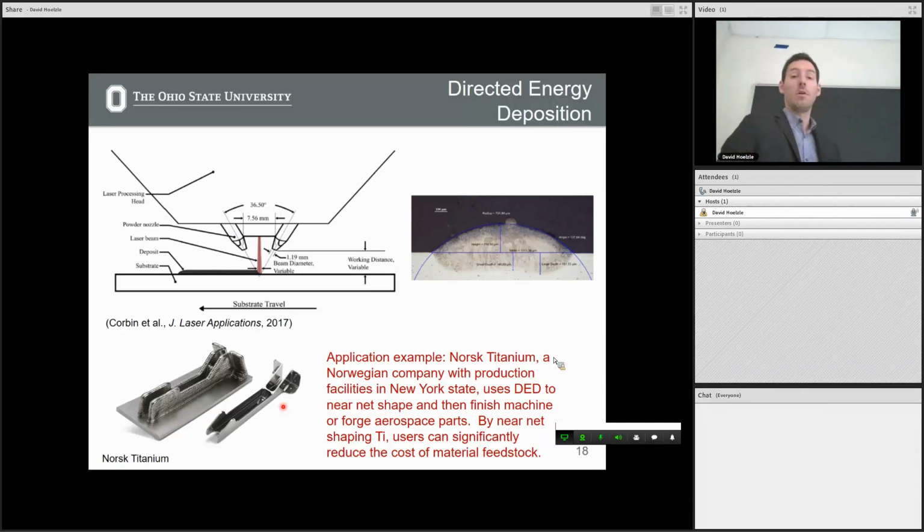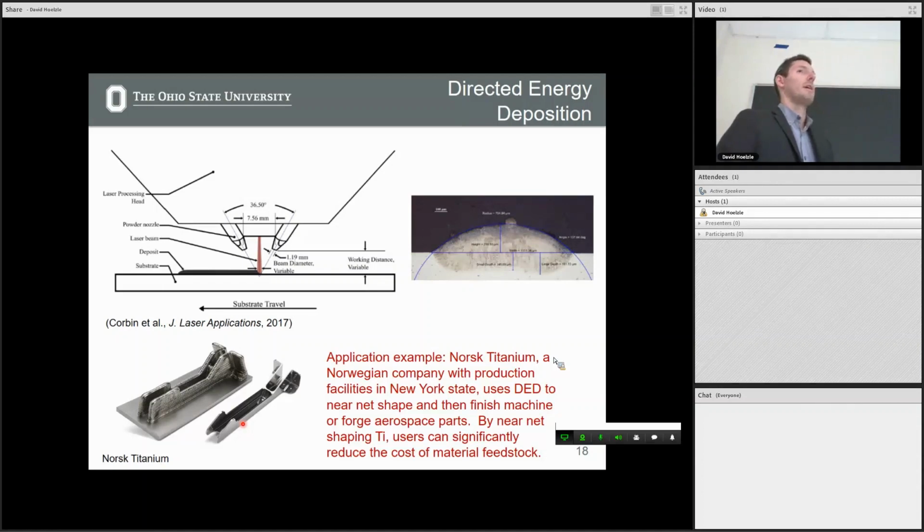So what this group, North Titanium, is doing is taking rods of titanium and using plasma welding to build what's called the near net shape of the part. Here's what it looks like when it comes off the AM tool, the directed energy deposition tool. From there, they can machine this into the part with a nice surface finish.